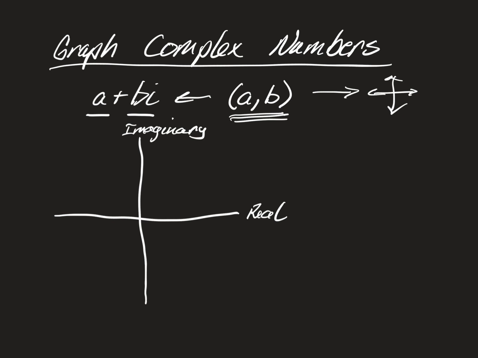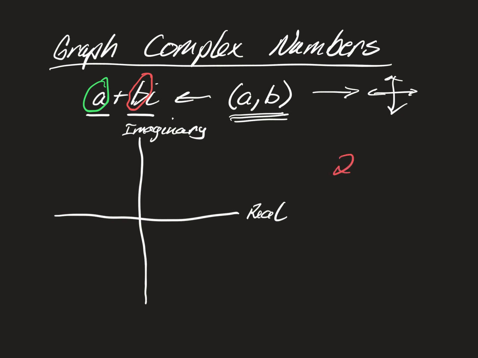So this will be the number for the real part of a complex number, which is the a, and the imaginary part of the complex number, the b, will be graphed in the y direction. So we label the axis differently.